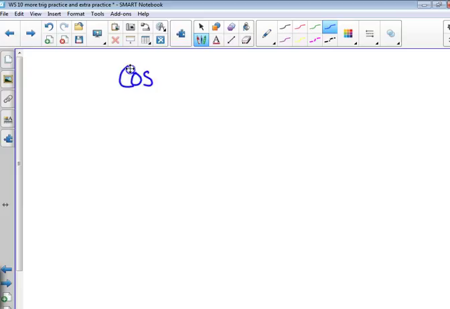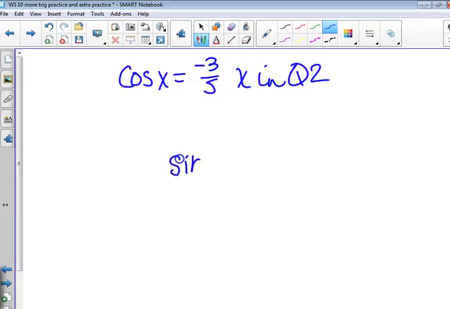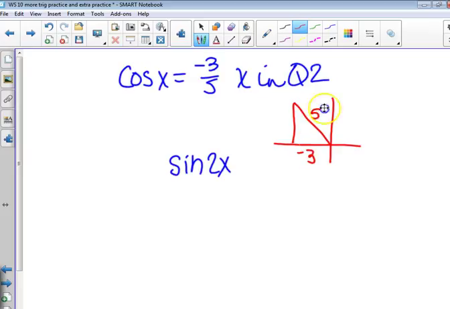It says maybe the cosine of x is negative 3/5 and x is in quadrant 2. And then it says find the sine of 2x. What would you do for that? Okay, draw it in quadrant 2. Cosine is adjacent over hypotenuse. You do Pythagorean theorem. This is a positive 4.